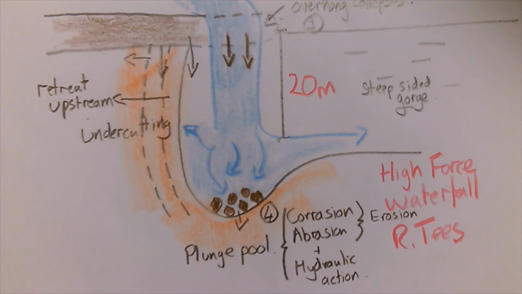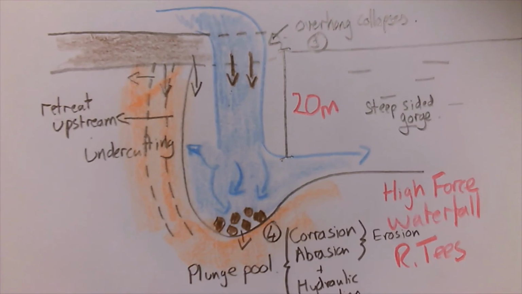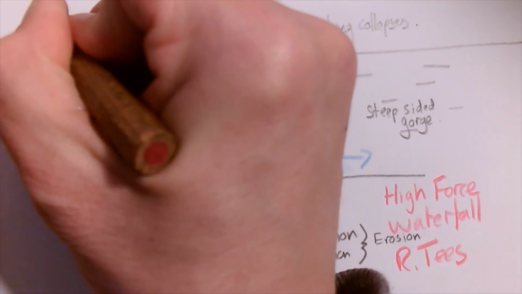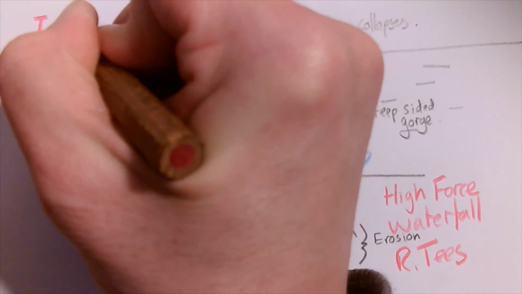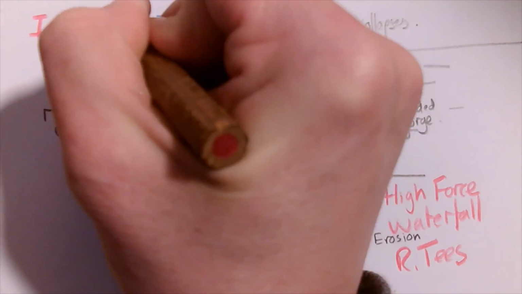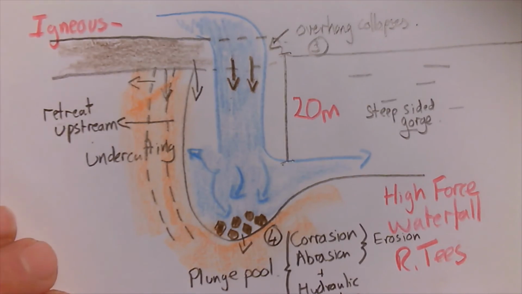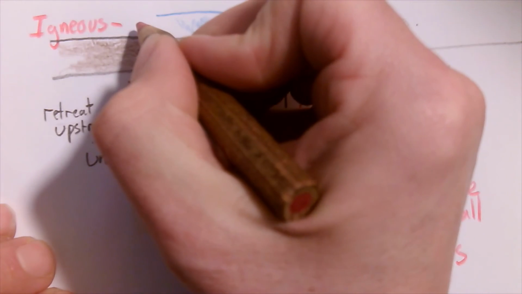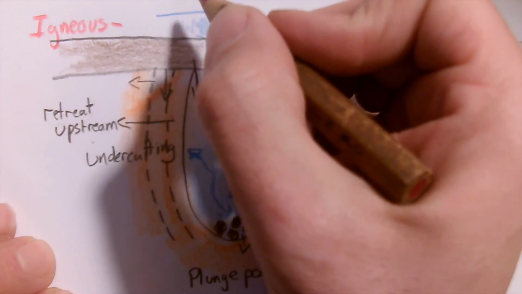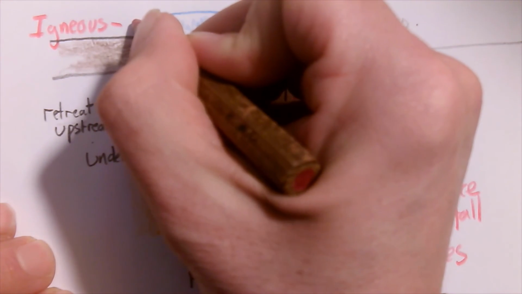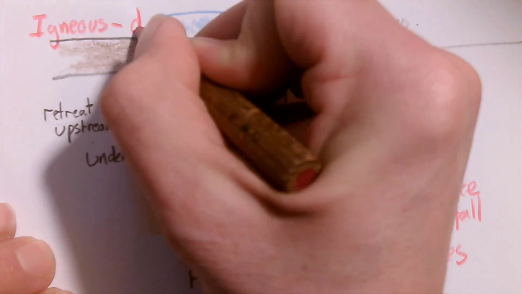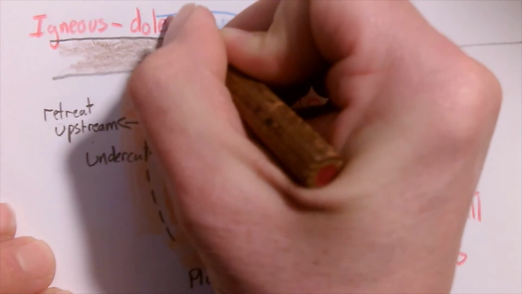It would also be very helpful to name the hard, more resistant rock. And that is an igneous rock. Let me put this here. An igneous rock, which means it's formed from volcanism, and its specific type of igneous rock is called dolerite.